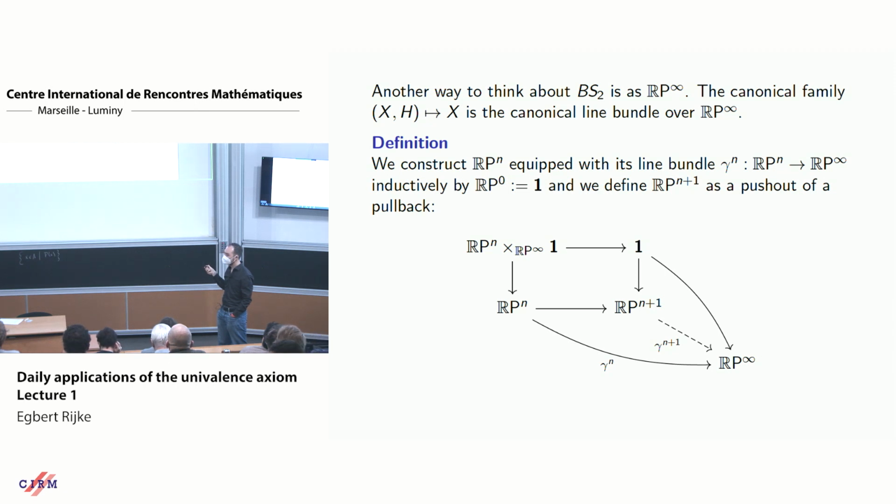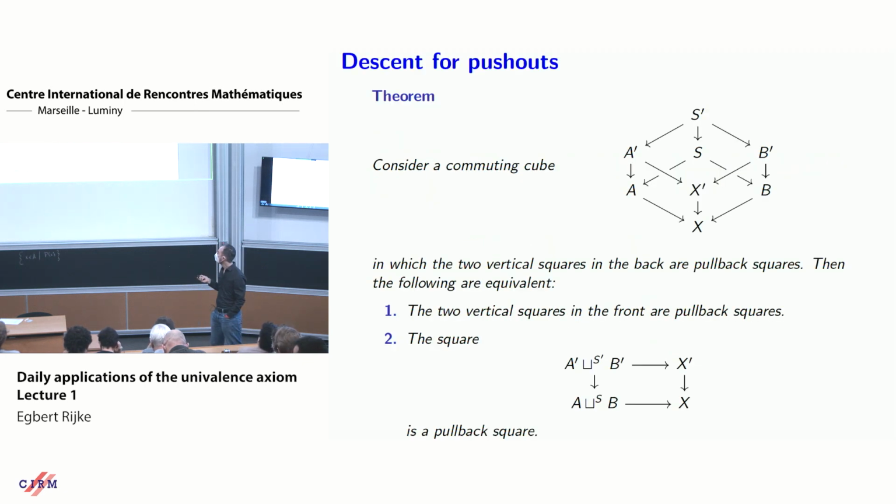And by the universal property of the push-out, this has a map into RP infinity again. And it turns out that that's a good definition of RP^(n+1). So let me not bother you with why this is the case. There's a descent theorem which I would have loved to explain to you. I think the slides will be online, so you can look at this.